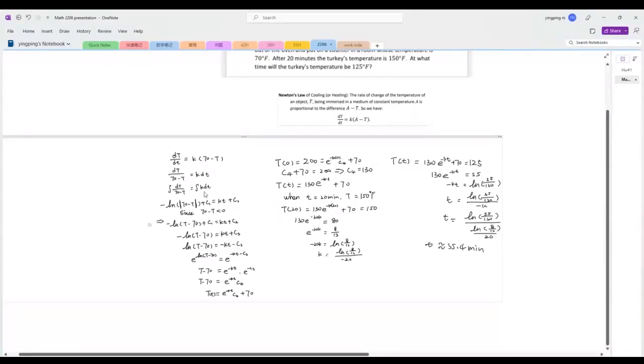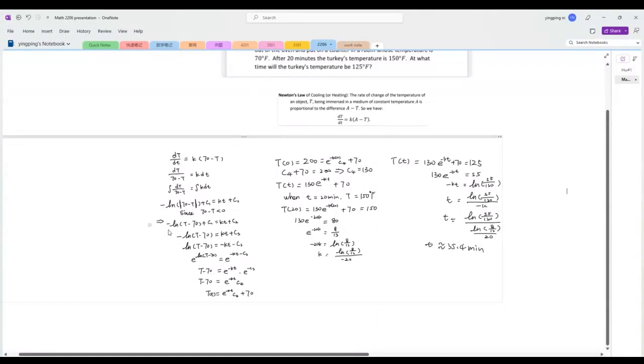Integrating both sides, we have negative ln of the absolute value of (70 minus temperature) plus C1 equals k times t plus C2. Since the turkey is cooling down, 70 minus temperature is less than 0.